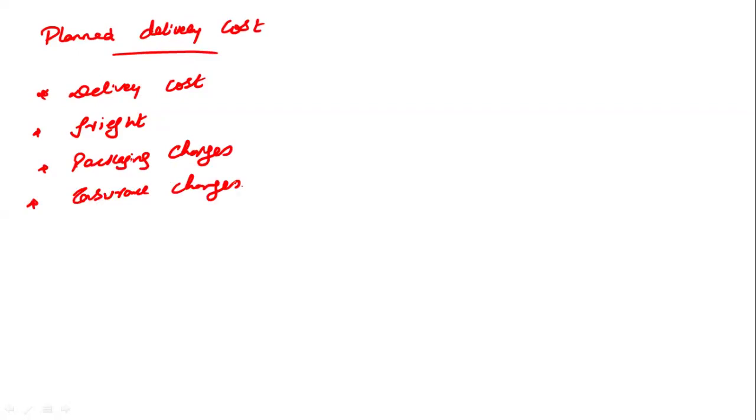So all these components are set together in the pricing procedure. Now, if you combine all these components into a single component, then you can name it as planned delivery cost. If you want to show these as individual components, then you can create delivery cost, freight, packaging material, and the insurance charges individually, so that the picture is clear, showing how much we have spent on the packaging charges, how much we have spent on the delivery cost, all those things.